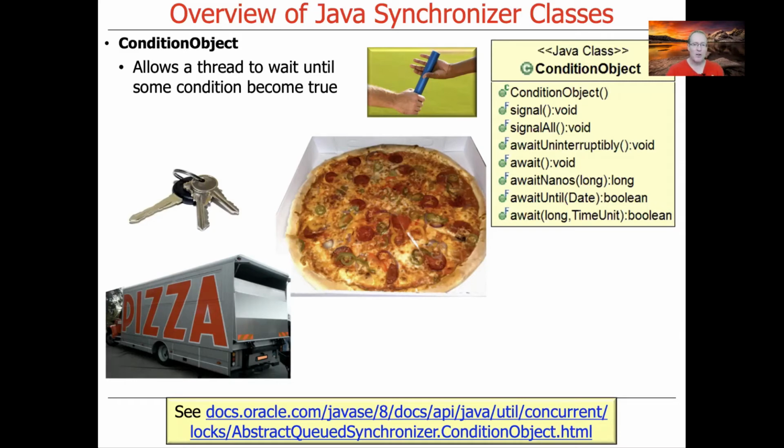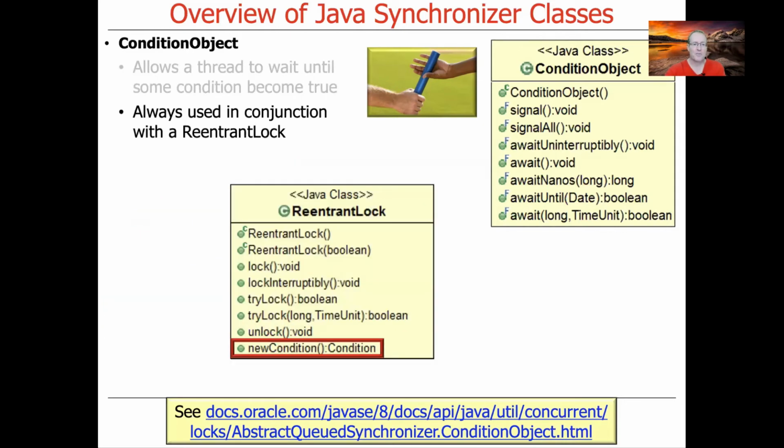You have to have both of those resources before you can deliver the pizza. And the threads will compete to see who can get the keys and the pizza. And if you don't get that, then you have to go back to sleep and wait for a chance to do your delivery later. I'll talk about that example. You don't have to worry about knowing that example yet. We'll cover it later. But it's another very powerful coordination mechanism along with semaphores.